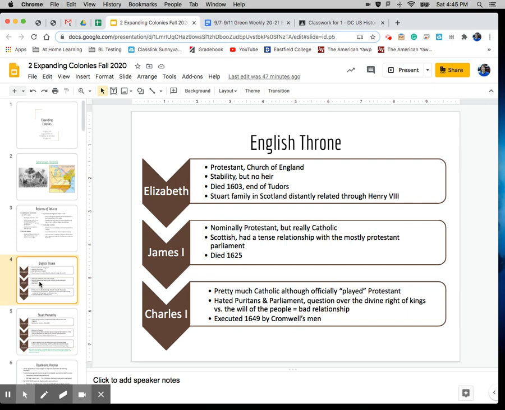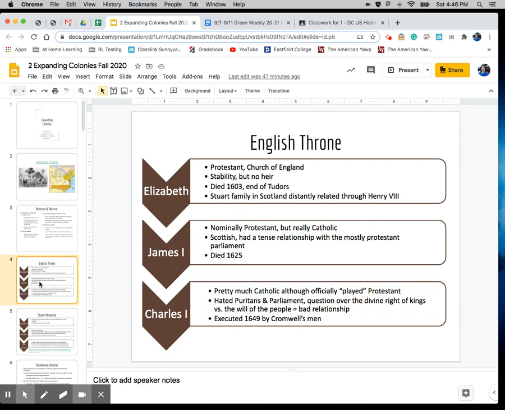Now, what's notable about the English Civil War is, number one, that it's parliament against nobility. So you have a little bit of that tension. But you also have the rise of Oliver Cromwell. Cromwell will come in and he will essentially make himself a dictator. He calls himself the Lord Protector, but he's a dictator. And he's very strictly religious. He's a Puritan.